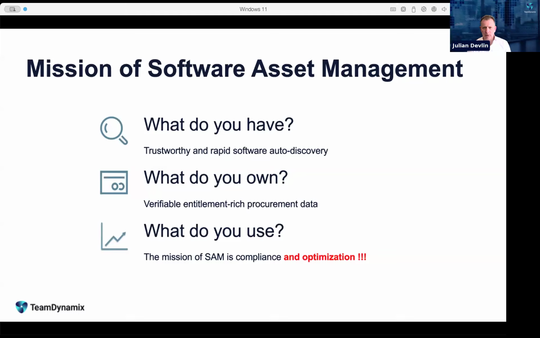So certainly you can start to look at compliance just by the first two. What do you have? What do you own? Do they match? But it's equally important, if not more so, to know what you use, because that really is how you get to optimization. So while the vendors might care about compliance, you within your organization are really going to care about optimization, because that's where you can save money.